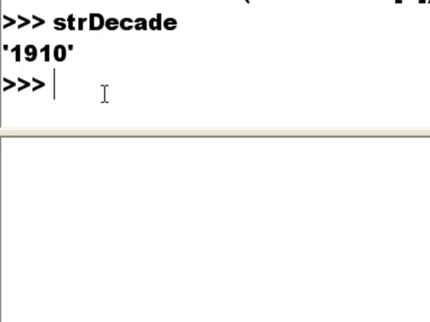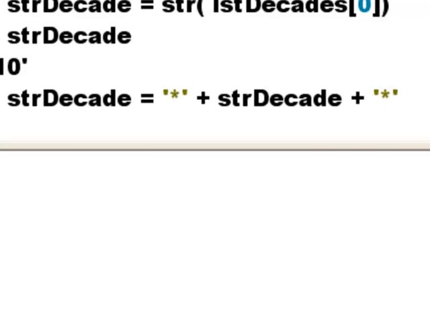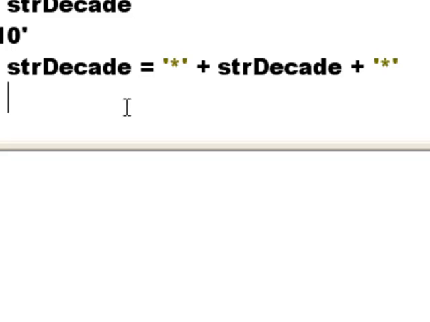Now we can create a list of the rasters that contain that string. So we'll put a wildcard character in front of that. The wildcard character is the asterisk.